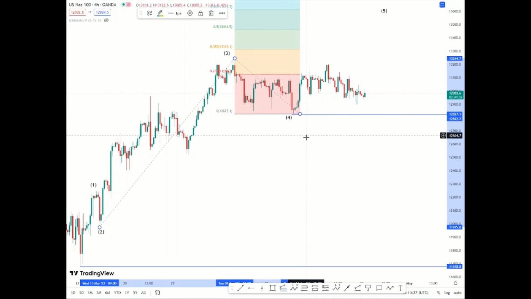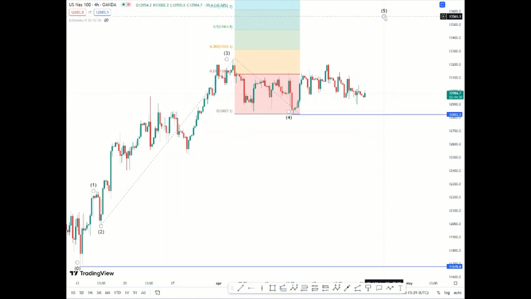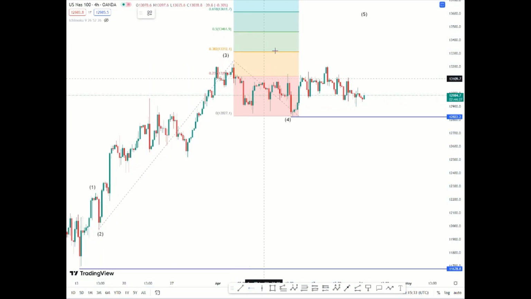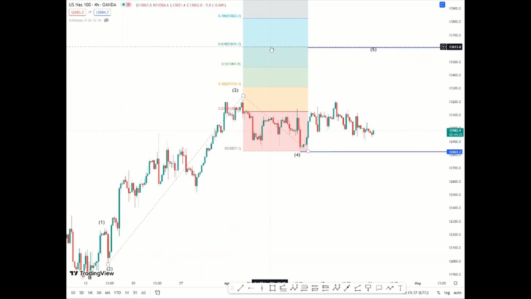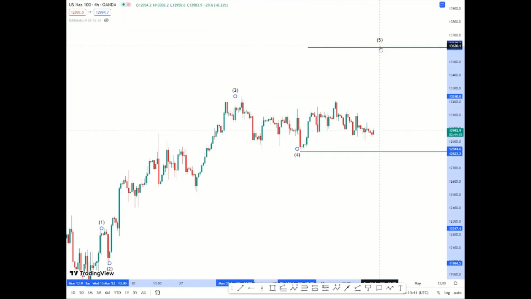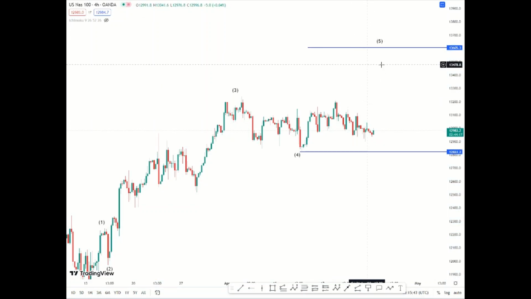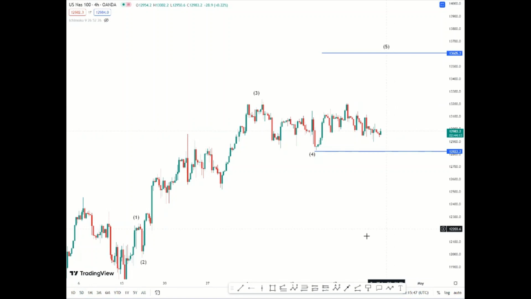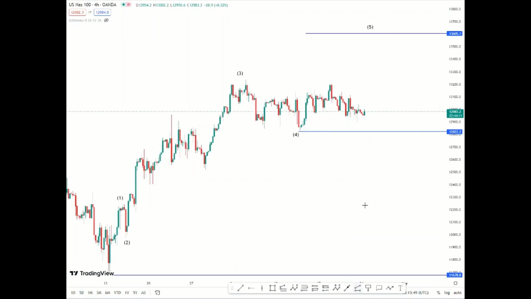The lowest point where 4 has 10, and then 5 is going to be somewhere over there, 61.8. So usually it's 61.8. So that is how we're going to be looking for the market to turn, change in direction to become bearish from there. So if we can go higher from this point, it's going to be great.